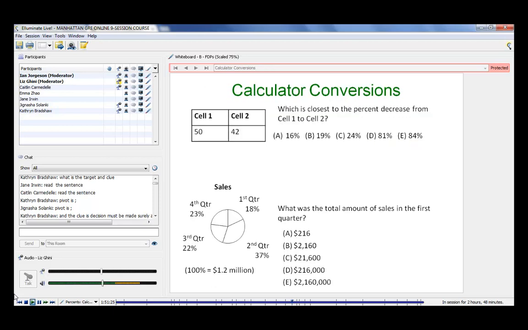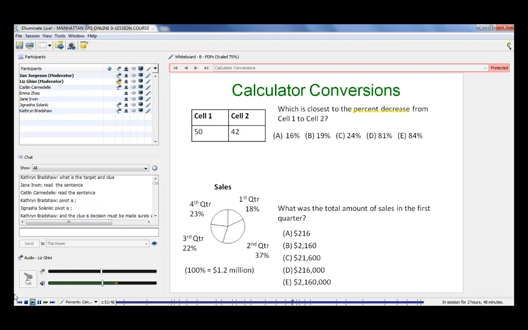Just thinking, what do I need to use? How are they going to try and zap me? Which is closest to the percent decrease from cell 1 to cell 2? Percent decrease. How are we going to get that percent decrease? What do I want? Type in the math that I want.